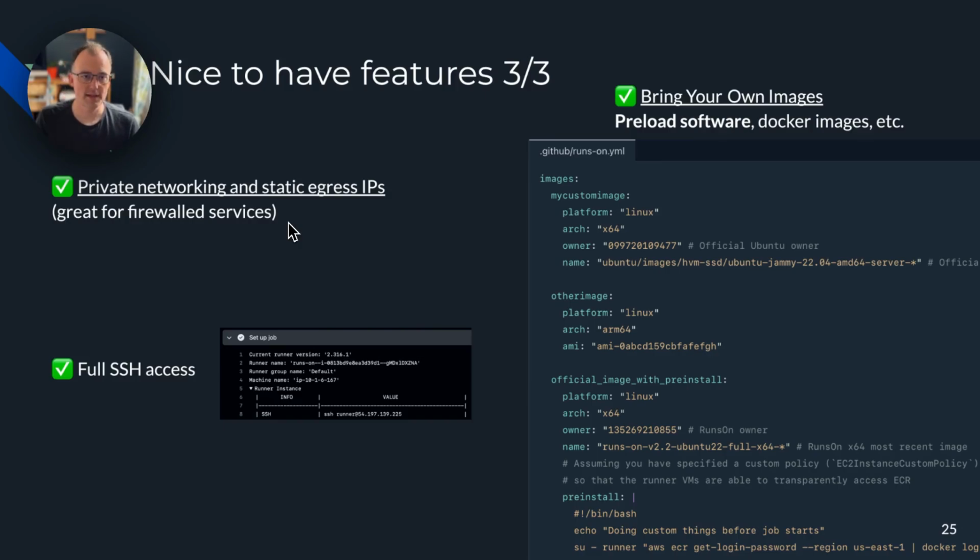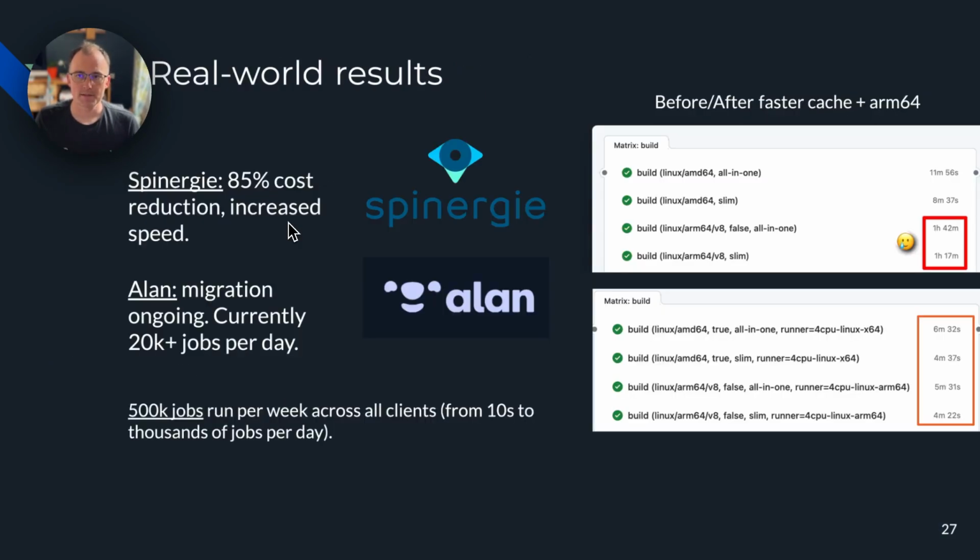So yeah, quite a complete stack in the end for RunsOn, and some real-world results. Here you can see on the left two of my sponsors. The first one, Spinergy, was able to reduce their costs by 85% while increasing speed. Alan is currently doing a migration, launching more than 20,000 jobs per day.